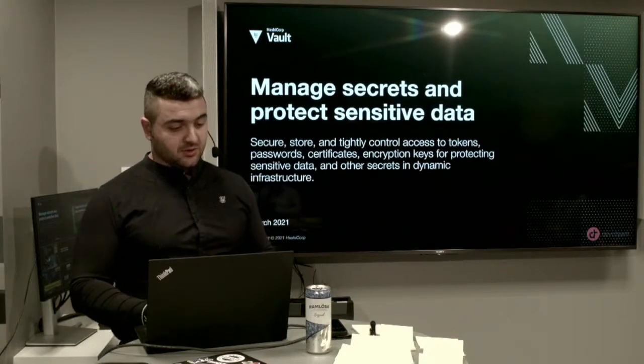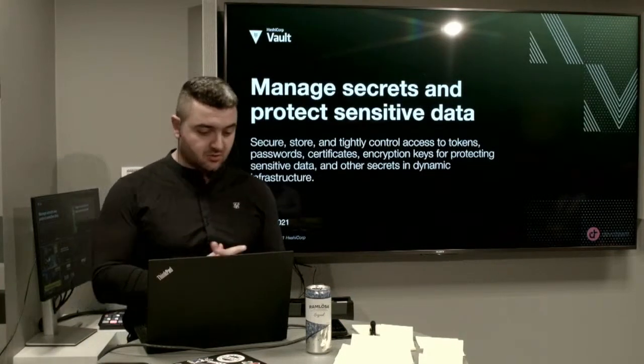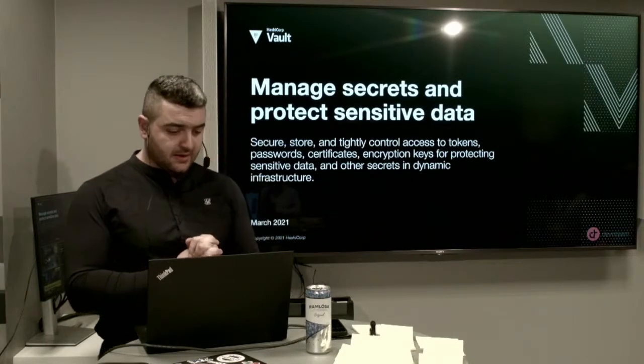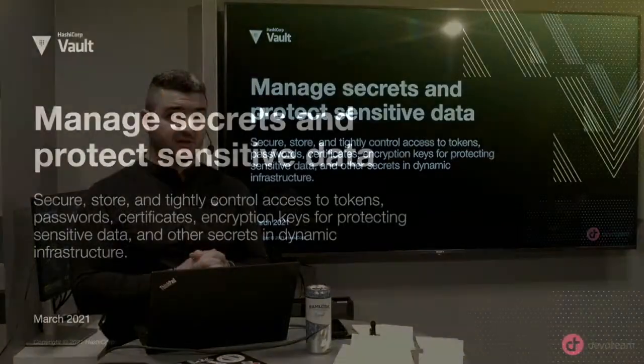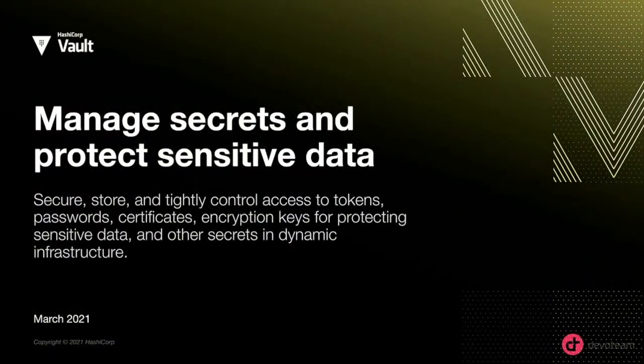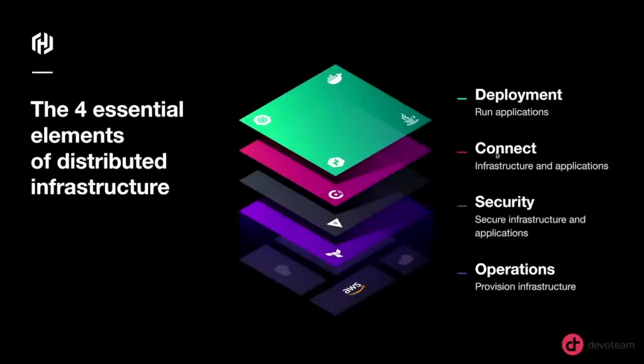So let's speak about what is HashiCorp Vault. HashiCorp Vault is an identity-based secret and encryption management system. A secret can be anything, thinking about API keys, passwords, tokens, and etc. When we speak about HashiCorp Vault, let's imagine a traditional distributed infrastructure where you have basically 4 elements to describe it.